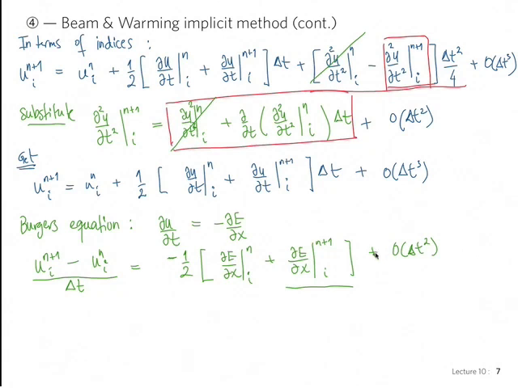Because this n plus 1 has to combine with this other n plus 1 here. So we need to do a little bit more work. Basically, we want to incorporate a linearization procedure to be able to work with this. And we're going to consider a Taylor expansion of E.